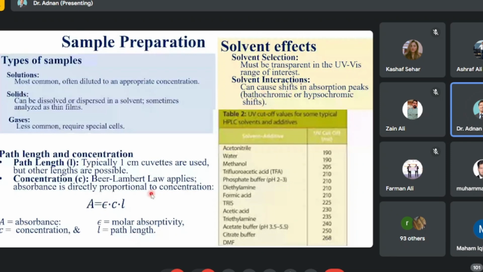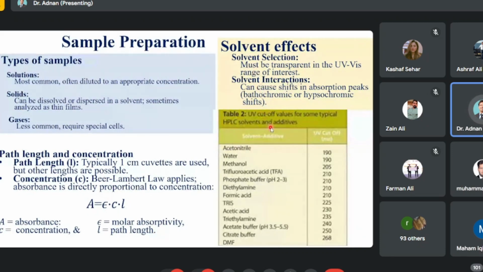You also have to remember that if you are using certain solvents, the solvents have some impact on your lambda max. When selecting a solvent, it must be transparent, and you must know its range.